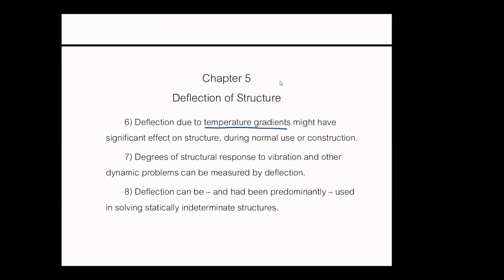This does not happen quite extensively in Thailand because it's hot and hot. But sometimes it may, because, for example, if you design a bridge that is surely going to be exposed to temperature, you may need to check the effect of temperature on the deflection of the bridge.